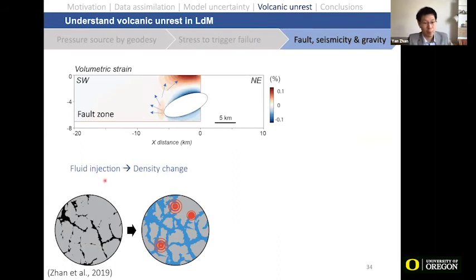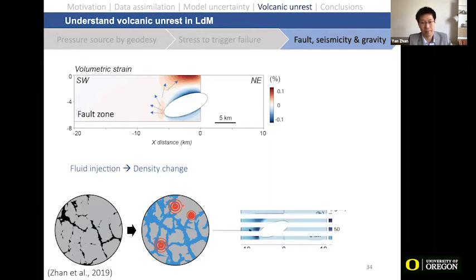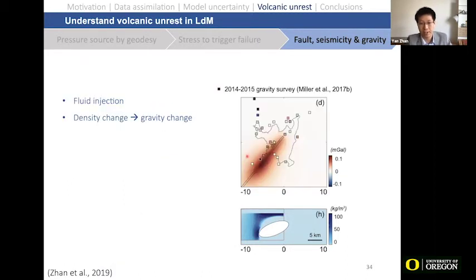So as we know, when fluid is injected into those pre-existing faults, some unoccupied microfractures may now be occupied by fluid. That may increase the density of the rock. We calculate the density increment due to the fluid injection, and from the density change we can calculate the surface gravity change.